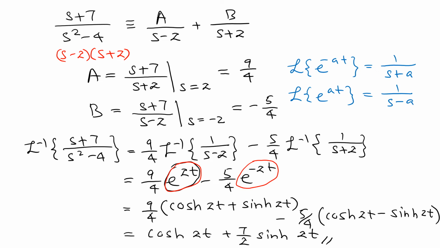Let's look at a very special problem that we normally don't do in the regular partial fraction method. The next problem is question 13. I'm going to call it 13 star because it's a very special problem. We have s plus 7 over s plus 1 times s squared minus 4.